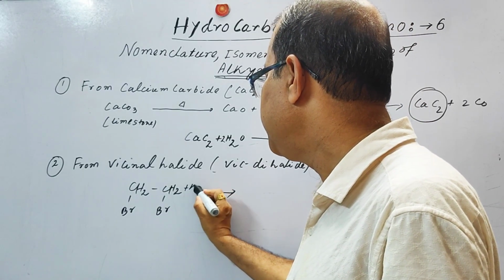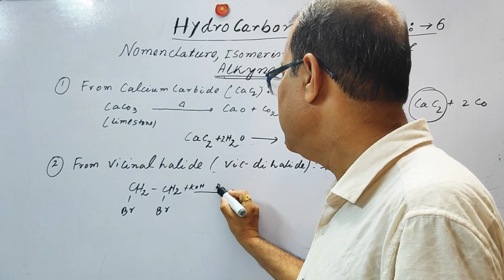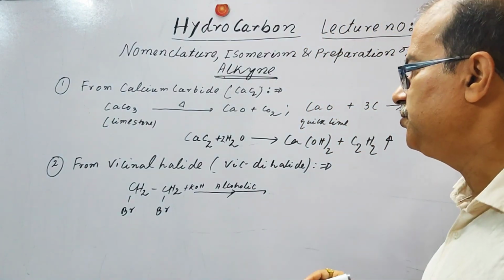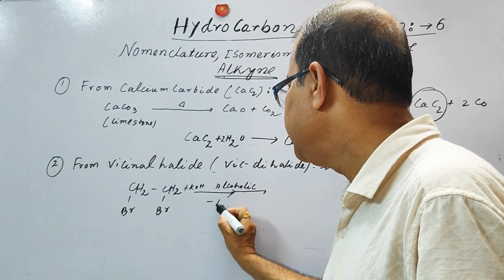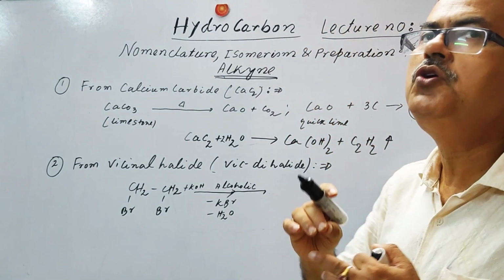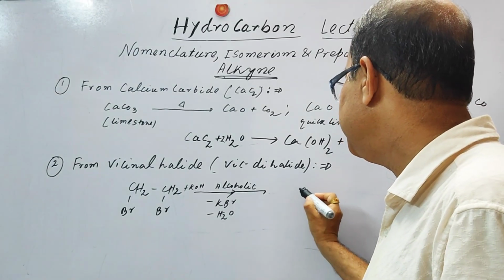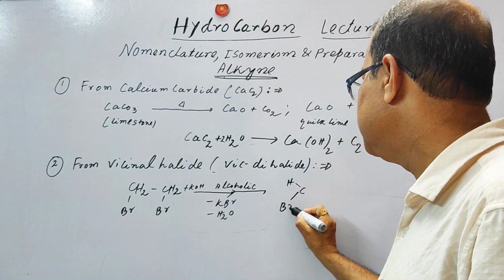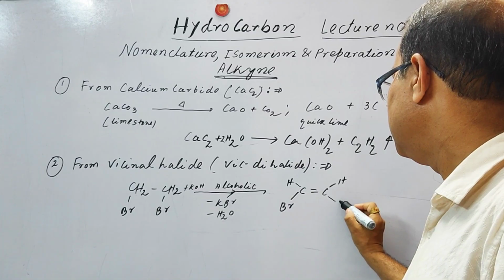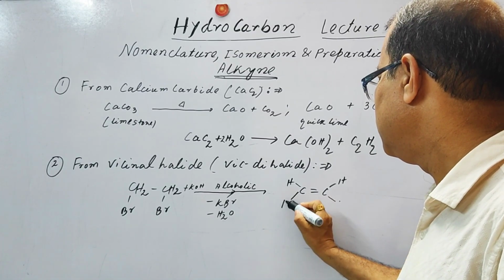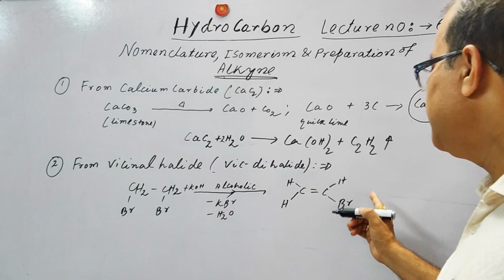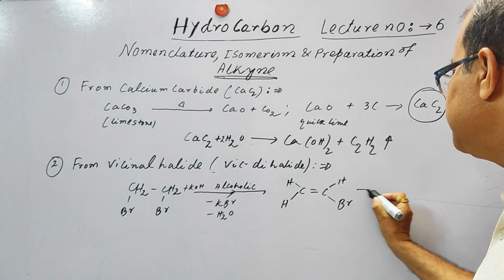When it is reacted with KOH, alcoholic is very much essential, otherwise this reaction will not happen. Here KBr and H2O will be eliminated, meaning one molecule of HBr has been eliminated, and it produces ethenyl bromide.